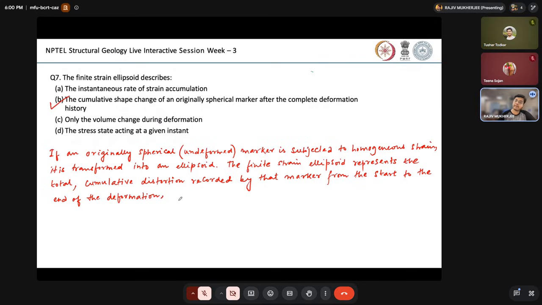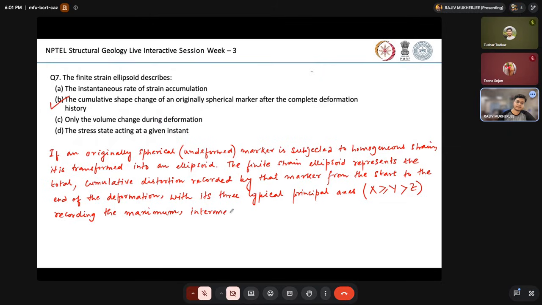With its three typical principal axes, which is like X greater than Y greater than Z, recording the maximum, intermediate, and the minimum stretches.